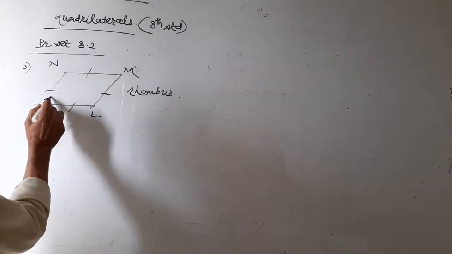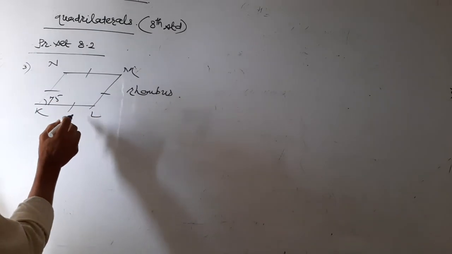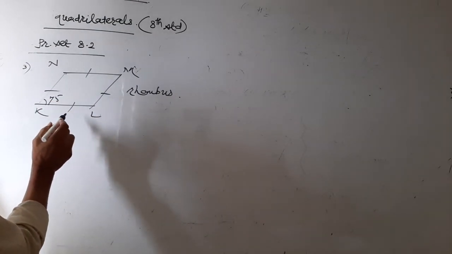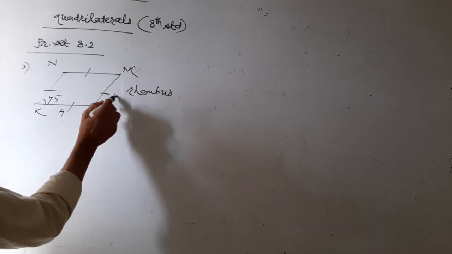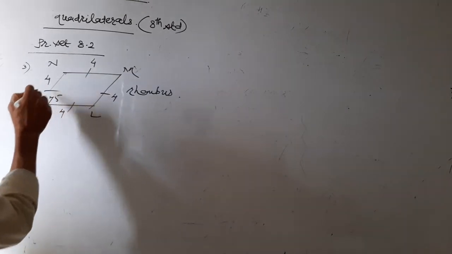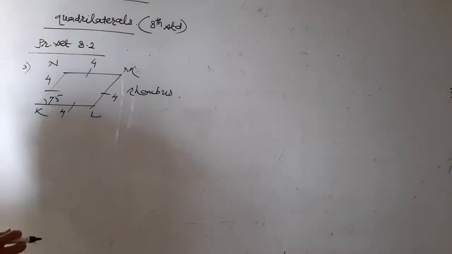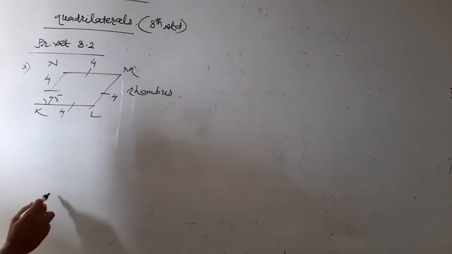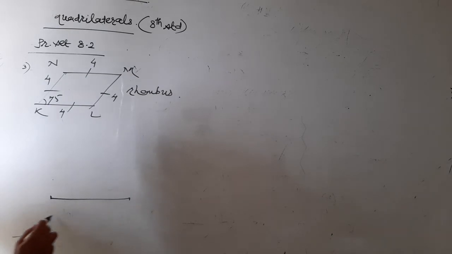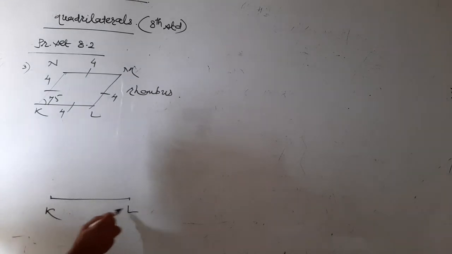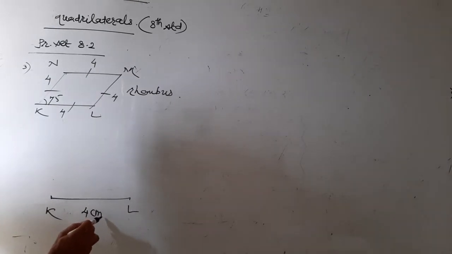K is 75 degrees and the side is 4 centimeters. Now see here, KN is drawn 4 centimeters. With the help of protractor, the angle is of 75.